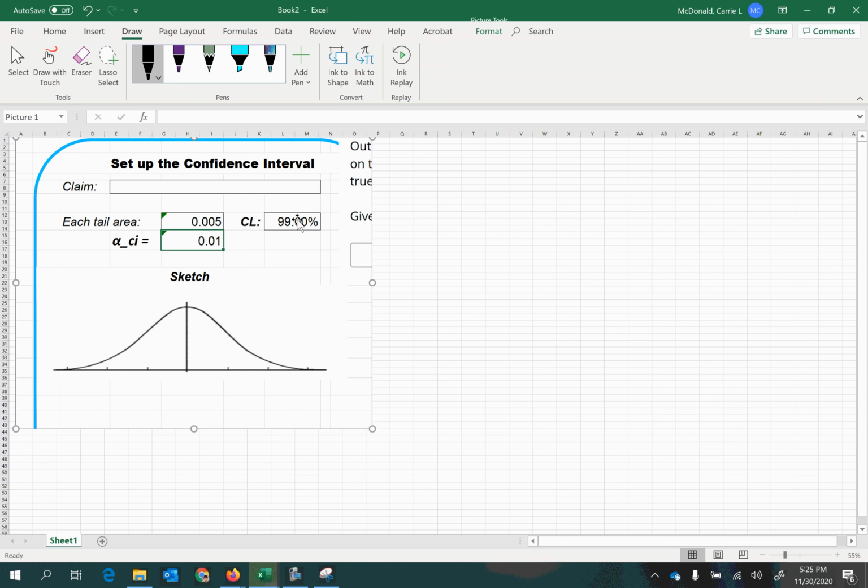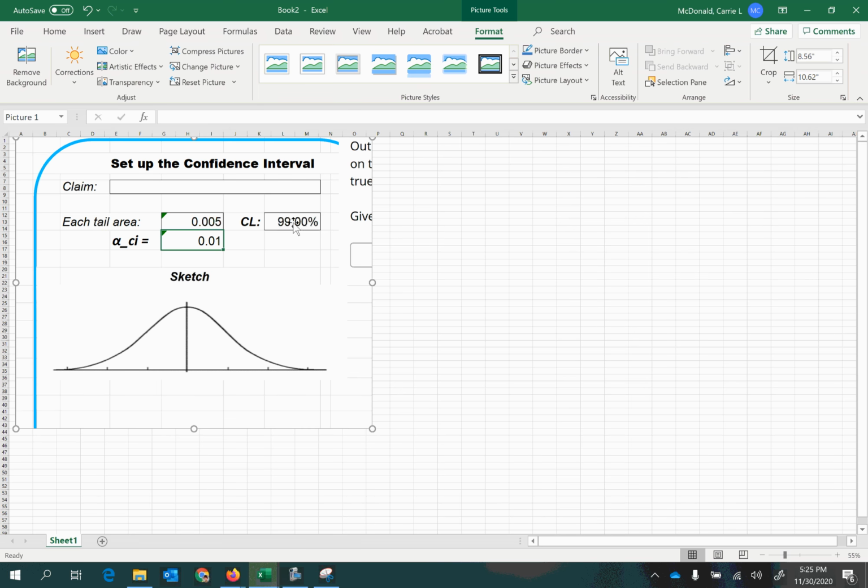The 99% confidence interval gives me my significance level alpha. The significance alpha of the confidence interval is 1 minus 0.99, and that represents the total area in the tails.